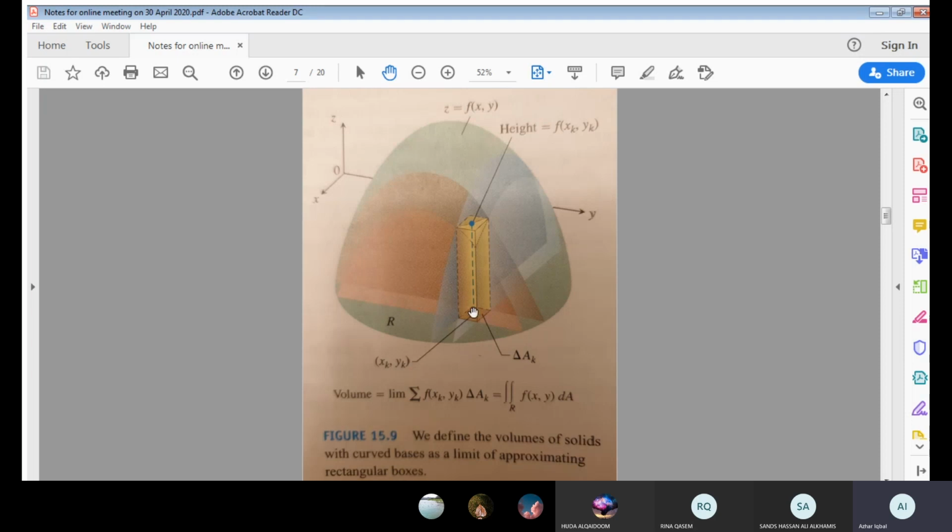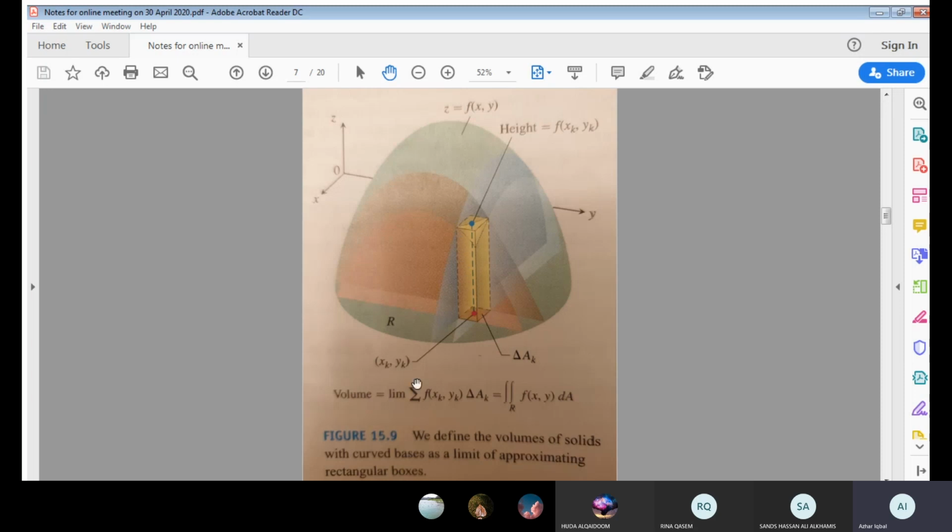Here, for instance, the value of the function is represented by the height of this dotted line connecting the red point with the blue point. So you calculate the volume of this object by multiplying the height with the area of this small rectangle, which is delta Ak, and multiplying them together gives you the volume of this object.